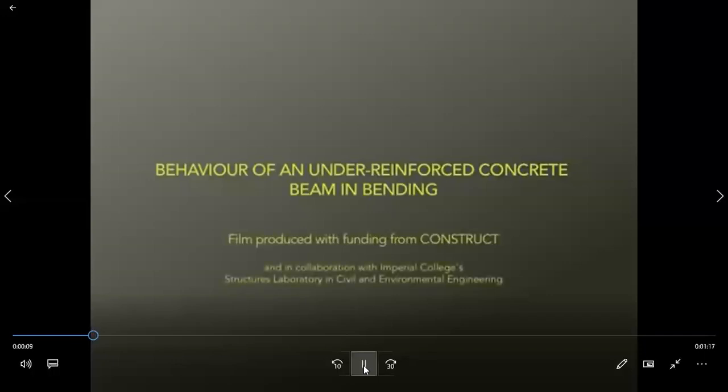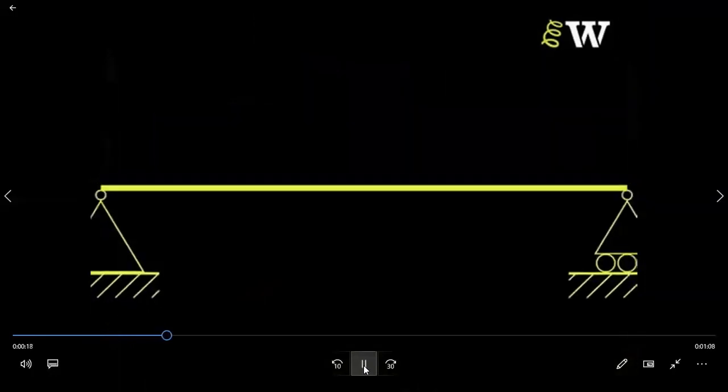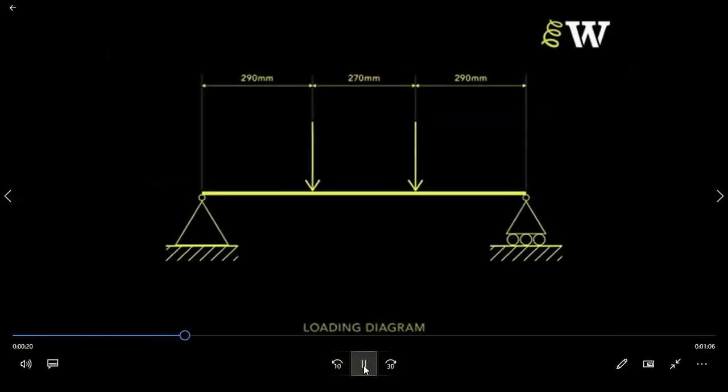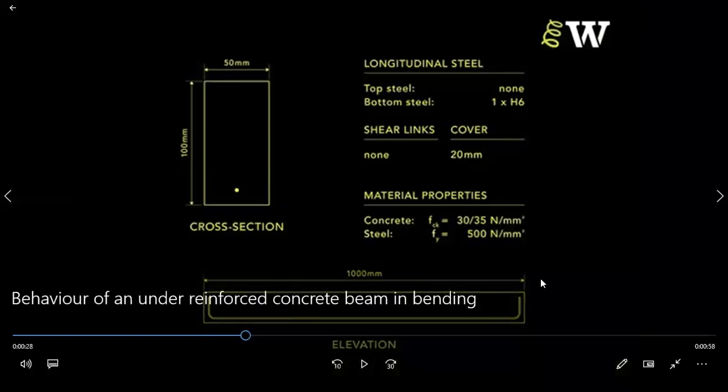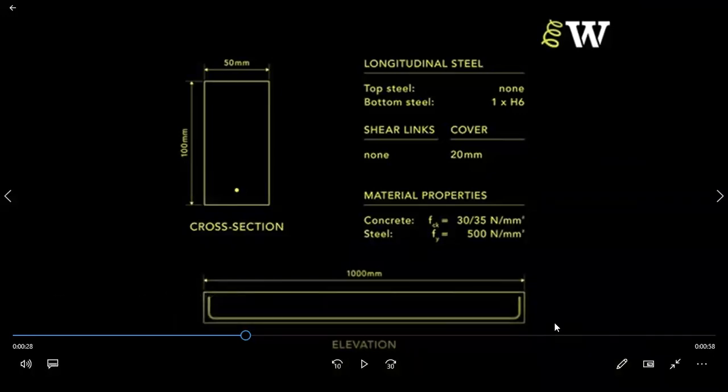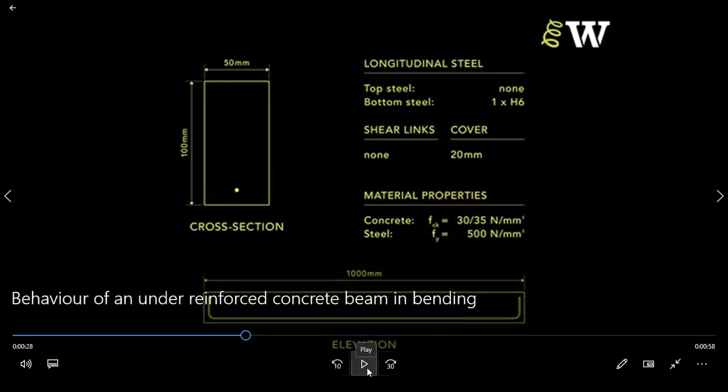So let's see how the under-reinforced beam fails when subjected to bending. See the setup of the beam again. If you see the reinforcement, there is only a main reinforcement, there are no stirrups at all. This is how you test an under-reinforced concrete beam.